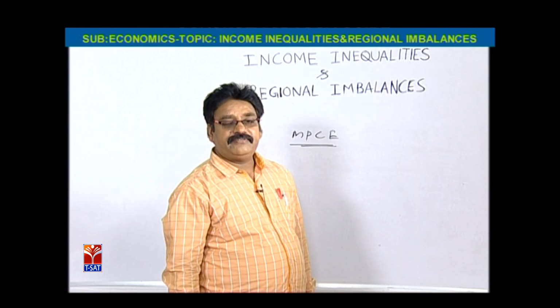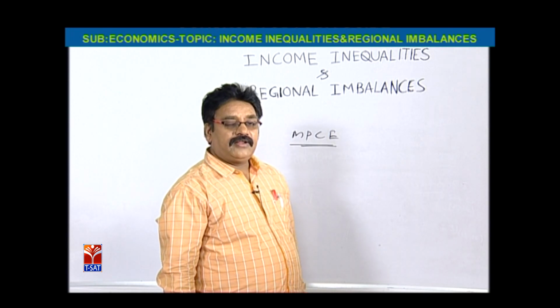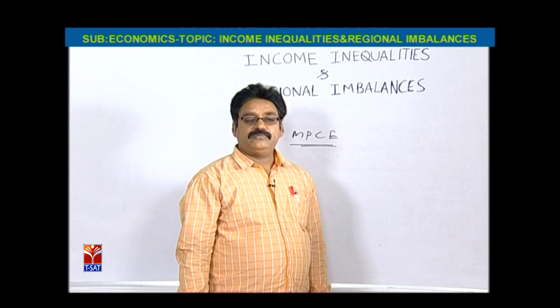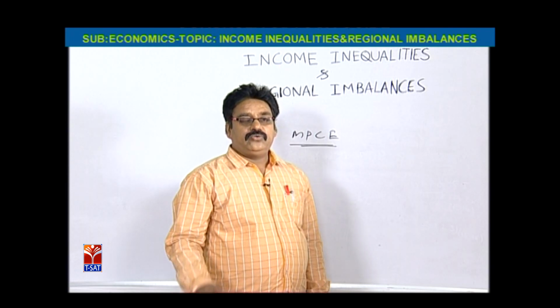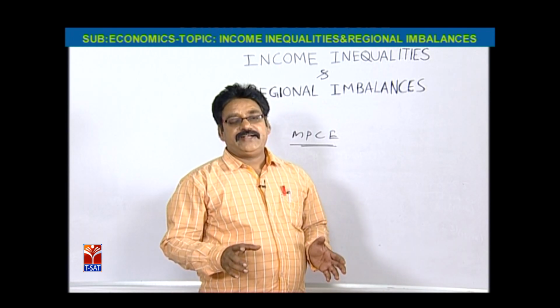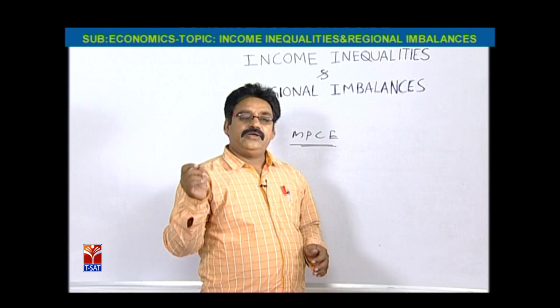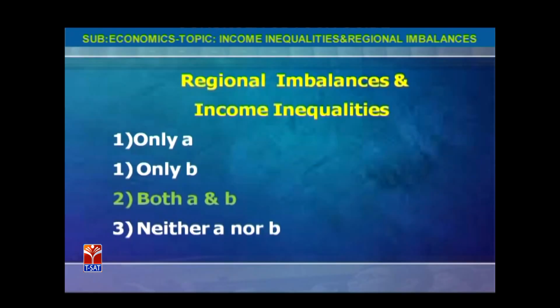The answer is both A and B. To calculate income inequalities, we use the Lorenz curve. The Lorenz curve was prepared by Max O. Lorenz to explain regional income inequalities. So that is the reason the answer goes to both A and B.